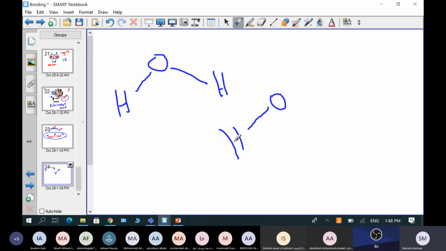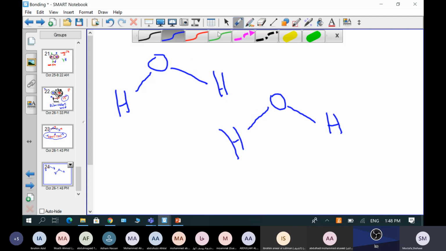As you notice, the bond between hydrogen and oxygen is a single covalent bond. Okay, guys. The bond between hydrogen and oxygen is single covalent. And here we have the polar bond: the single covalent bond between hydrogen and oxygen is polar because oxygen has a greater attraction force to the electrons of the covalent bond.